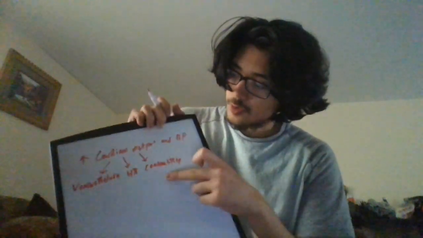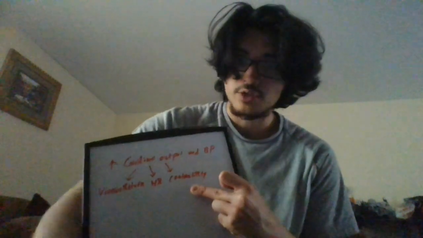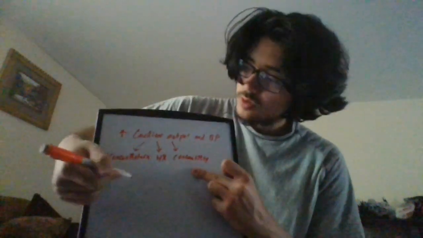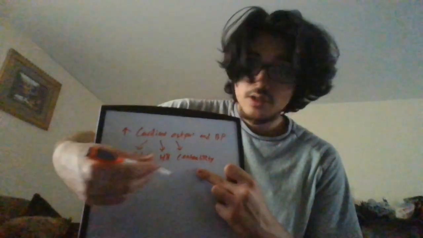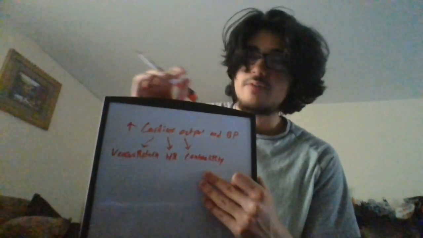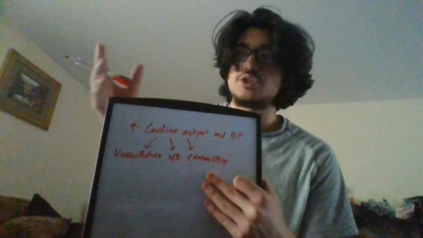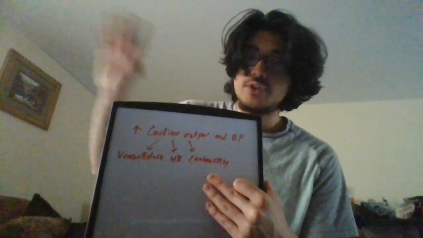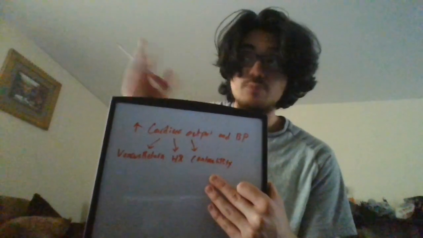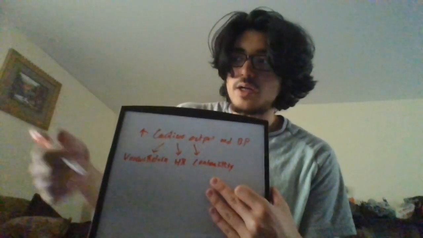This also, like venous return, affects stroke volume: contractility allows a higher ejection fraction from the heart, so more blood is going into the rest of the body. That allows the body to perform work.